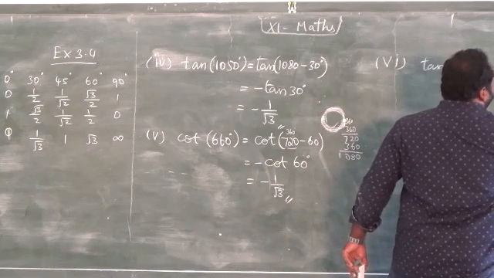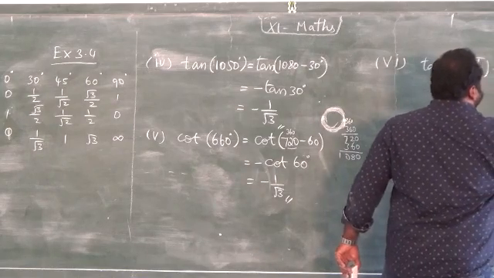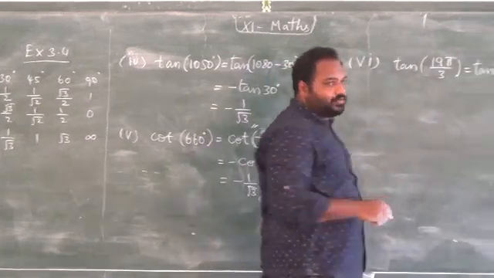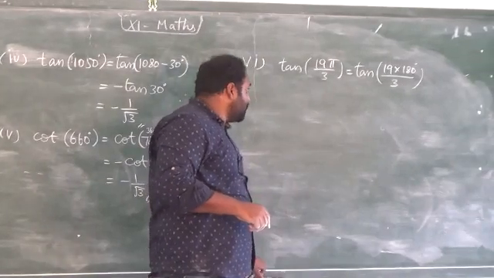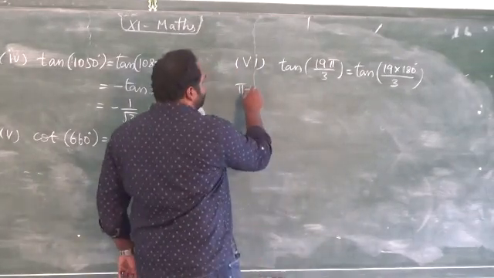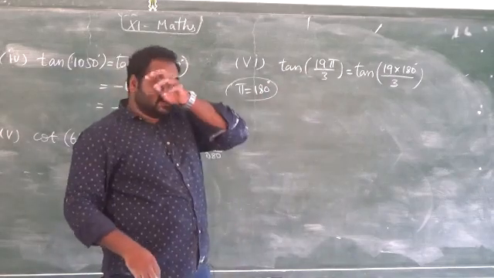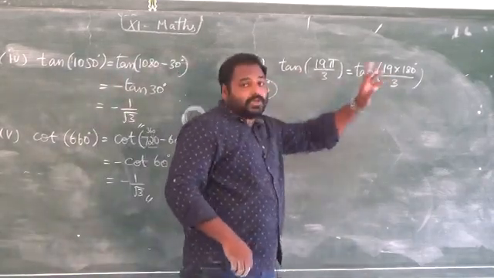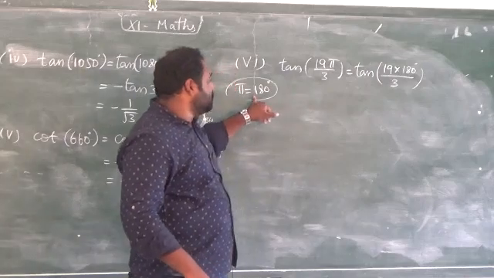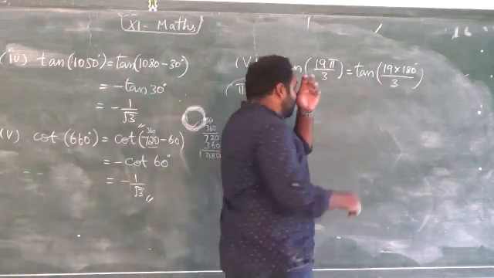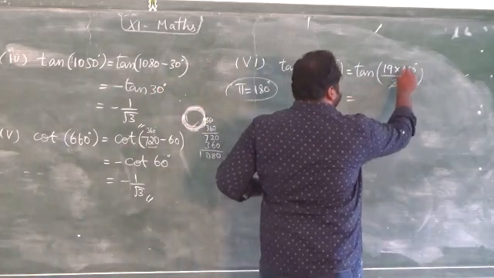Instead of pi, we can write 180 degree. Pi and 180 degree are both the same. So instead of pi I am writing 180 degree. Don't change it into 22 by 7 here. Now we have a cancellation.